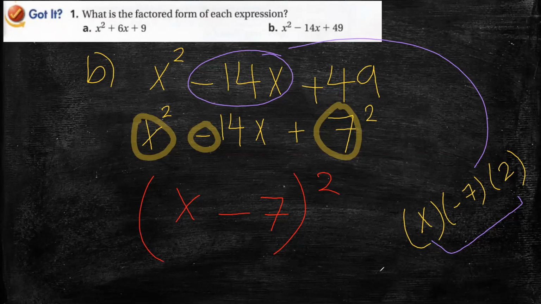Yes, here x minus 7 multiplied by 2. Okay, you can take the numbers with the sign. So teacher, we always take the first sign, not the second sign. Yes, because the second sign is always positive. I just look at the first sign.